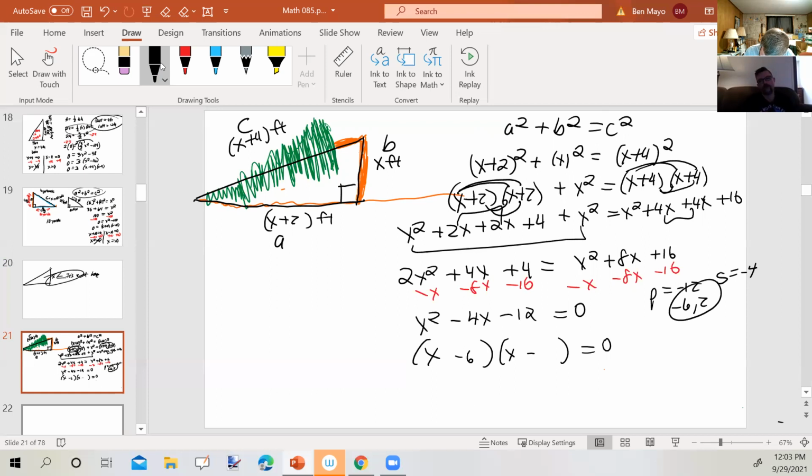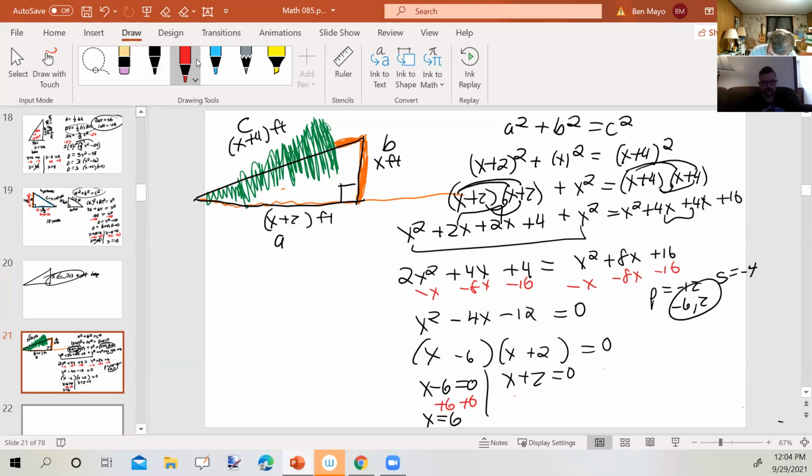Negative 6 and 2. Take each factor that contains a variable and set it equal to 0 and solve it. So I'm going to add 6 to the first equation on both sides. X is 6. Subtract 2 from both sides on the second one.